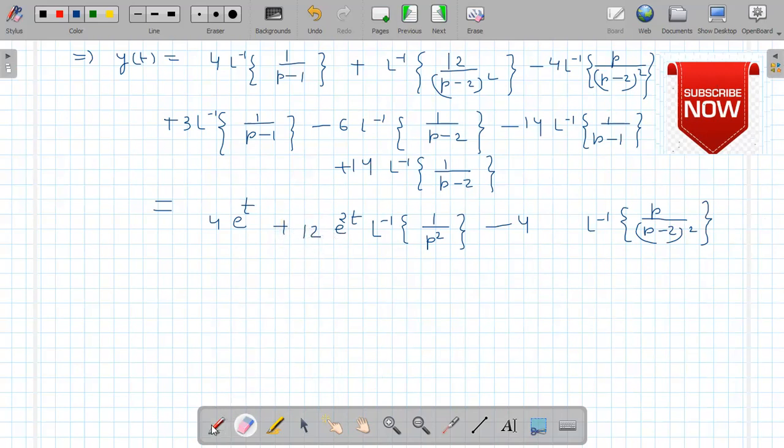Okay, and here we have 3e^t minus 6e^(2t) minus 14e^t plus 14e^(2t). Now it is 4e^t, this and this, so it is 7 and minus 14, so minus 7e^t is left.